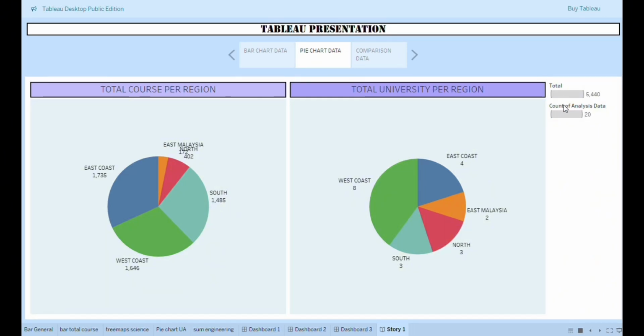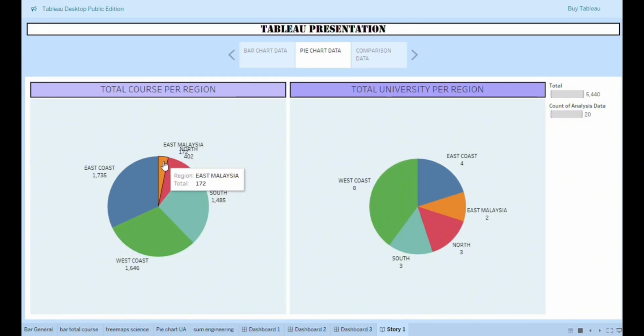For the first pie chart, the total course count is highest at the East Coast with 1,735, second highest is West Coast with 1,646, then South with 1,485 and North with 402. The lowest is East Malaysia with only 172.